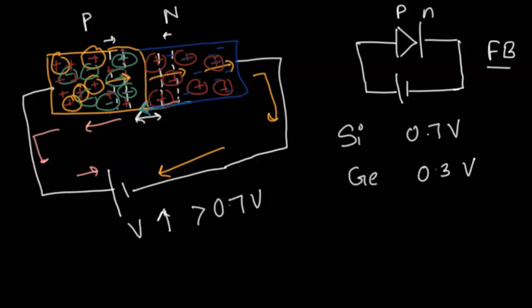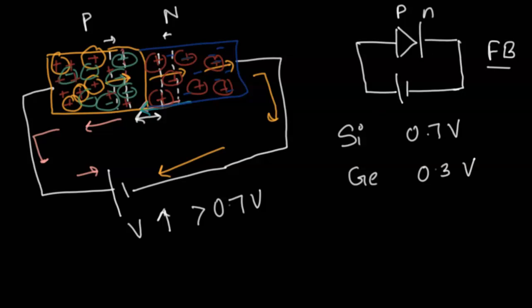And hence, this forms a flow of current. So we have a flow of current and a very negligible resistance by the depletion region only if the supply voltage is more than 0.7. This is the working of my p-type semiconductor and n-type semiconductor combined together in the forward biasing situation.